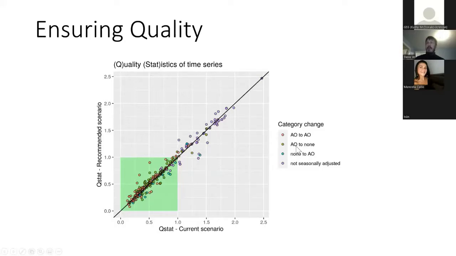And if we removed some, or removed AO modeling completely, it would have gone from AO to none, or none to AO would be vice versa. And then purple is not seasonally adjusted. So quite understandably, some of those on the upper part of the line, we're not seasonally adjusting because they're not high quality enough.